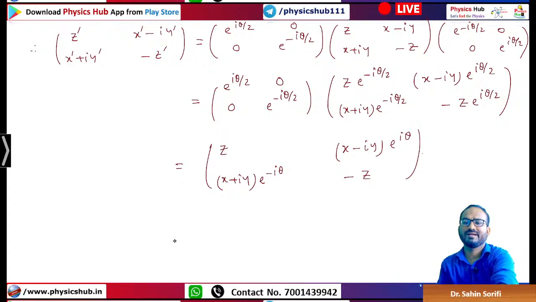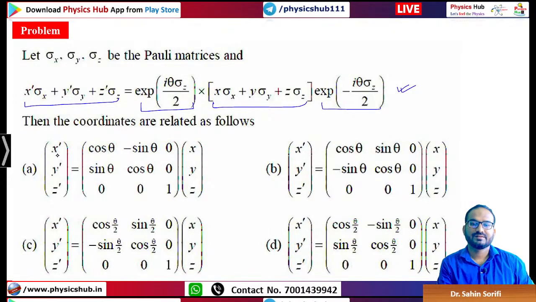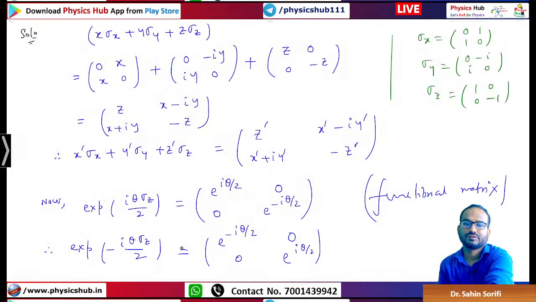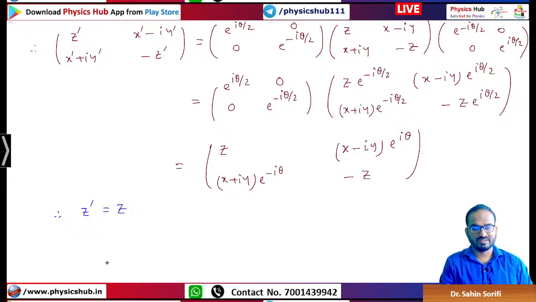So we have to find out a relation between the primed and unprimed coordinate. Okay. So now we can equate. So if you equate, what can we write? z prime is equals to z. The first thing we can write. Next, x prime minus i y prime is equals to x minus i y e to the power i theta.